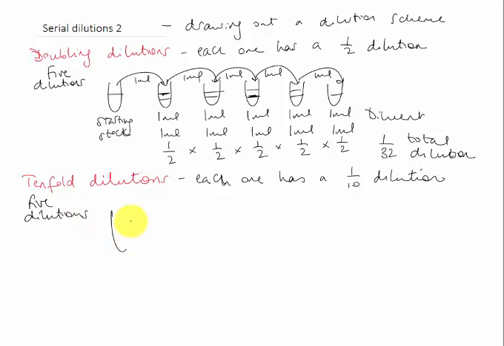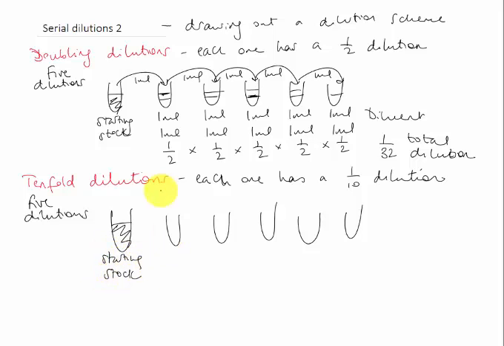So again, we're going to have our starting stock, and then 1, 2, 3, 4, 5 other tubes. And this time, if we want to pass 1 ml between tubes, then that means we need to add 9 ml of our diluent into each tube.